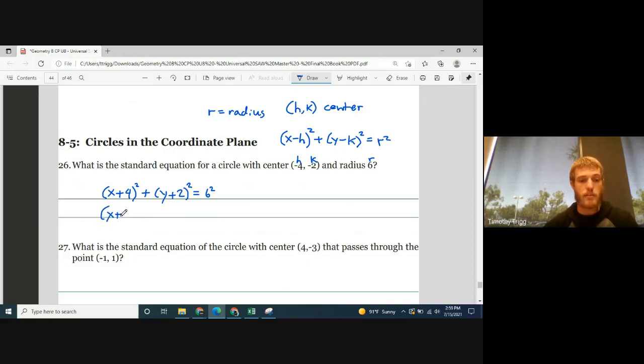So I'd suggest writing this as well. This doesn't change. Y plus 2 squared equals, and sometimes they'll square this out and call it 36. Okay, either way. I think on the test they write them out like this. But same type of question you'll see on the tests.